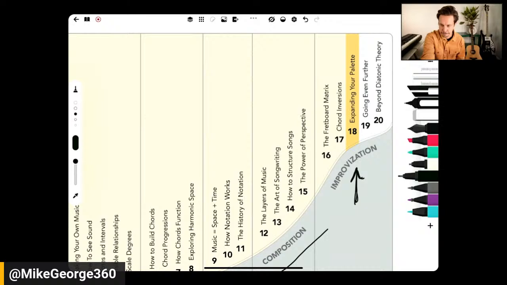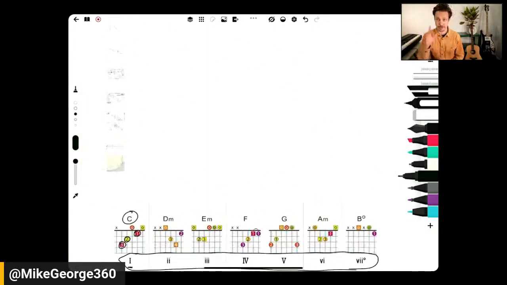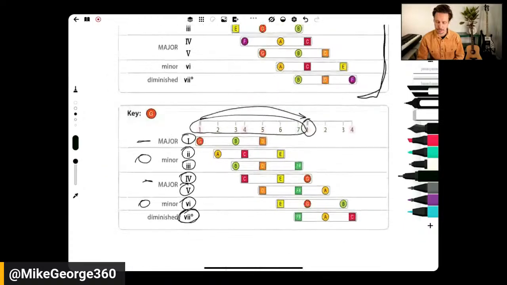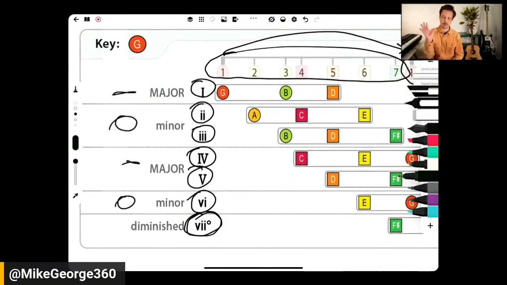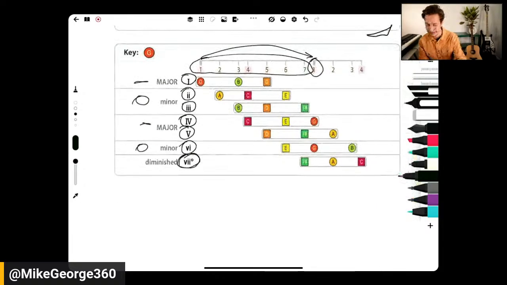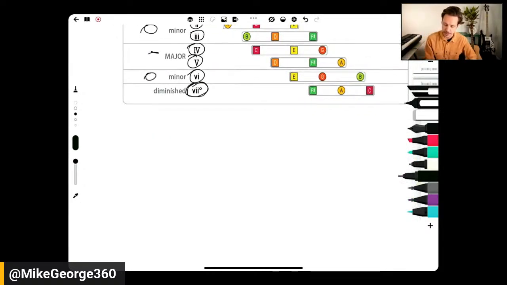So does anyone have any questions about Roman numerals? We talked about one thing that I should mention here, and if you have any questions, I'm keeping my eyes open. We talked about the basic Roman numerals of the Ionian mode, which are 1, 2, 3, 4, 5, 6, 7. But you will start to see in different modes, like a 1, a 2, a 3 diminished, you start to see flat 6 and different symbols.